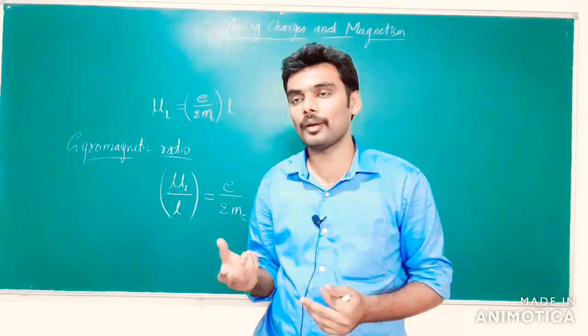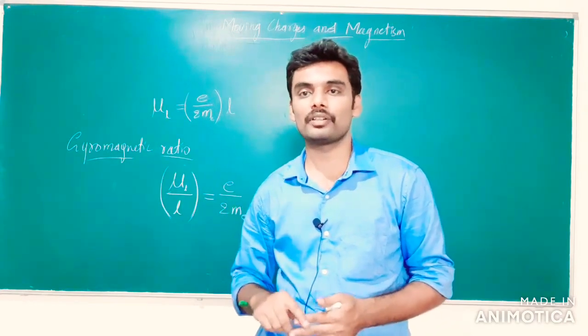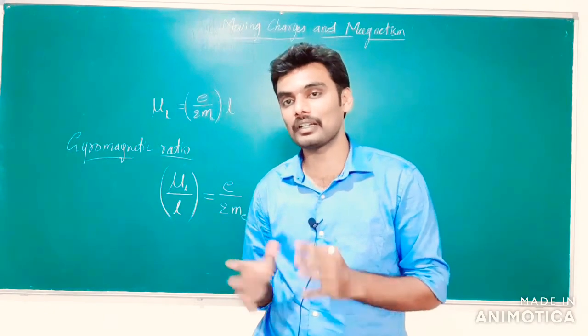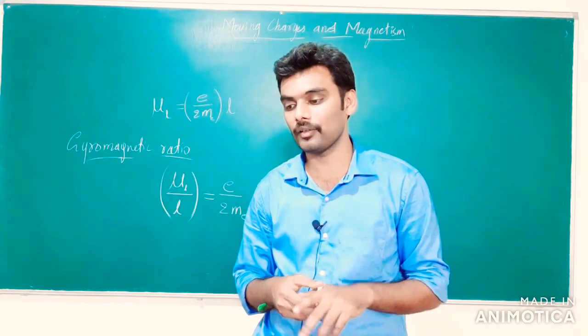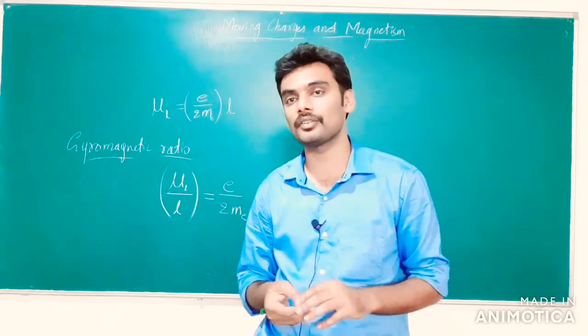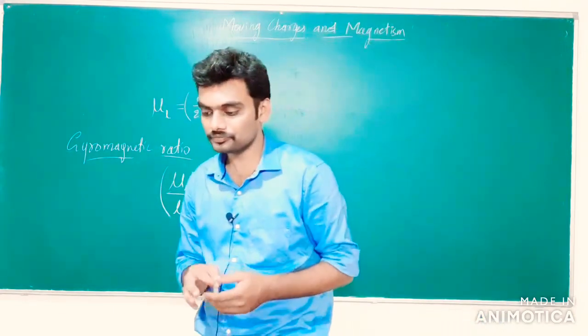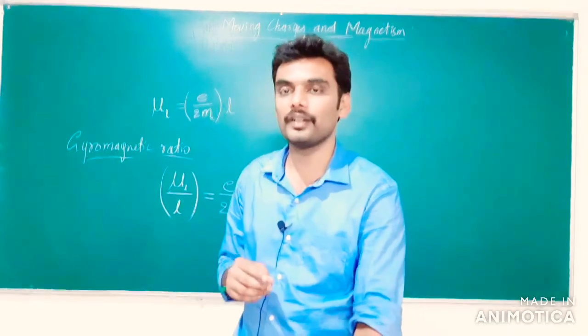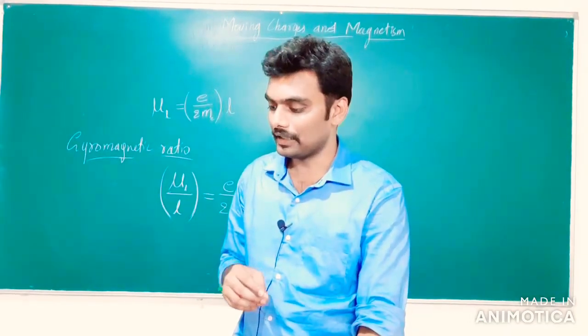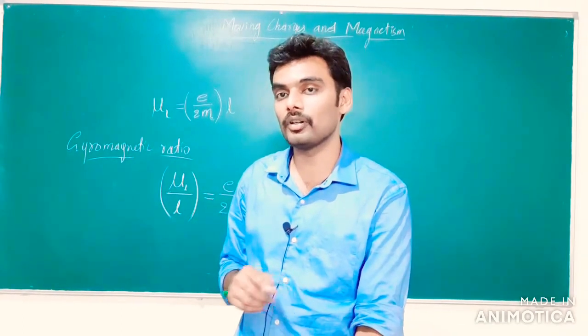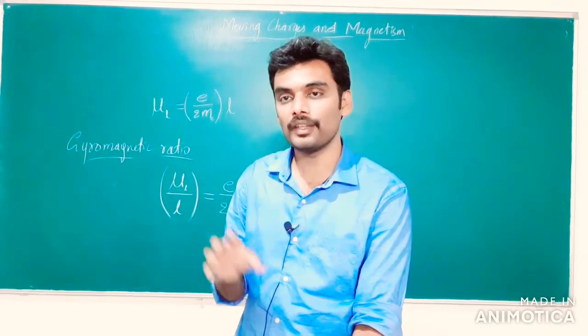Out of all those models, one model is important for us, Bohr's model, which will give us many interpretations and postulates that help us understand the structure of the atom in detail. So we are going to consider one of the postulates given by Bohr here.